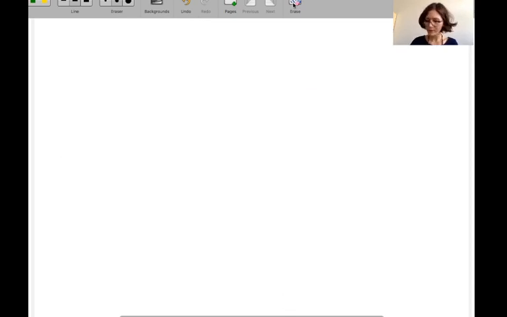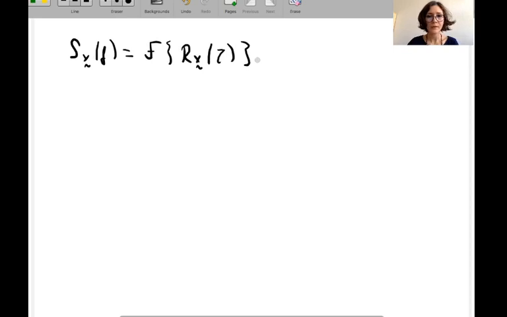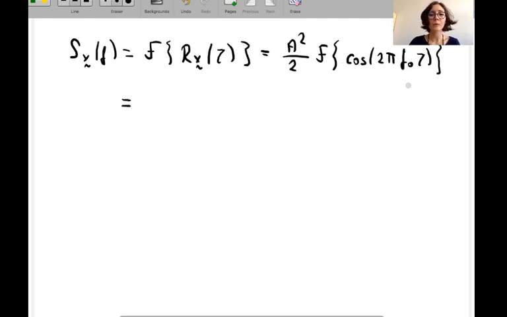This is quite an easy exercise. We know that the power spectral density is the Fourier transform of the autocorrelation function Rx of tau. Rx of tau is A squared over 2 times a cosine function, cosine of 2 pi f0 tau. A squared over 2 can go outside the Fourier transform, since the Fourier transform is linear. Then I take the Fourier transform of the cosine term. We know how to do that.